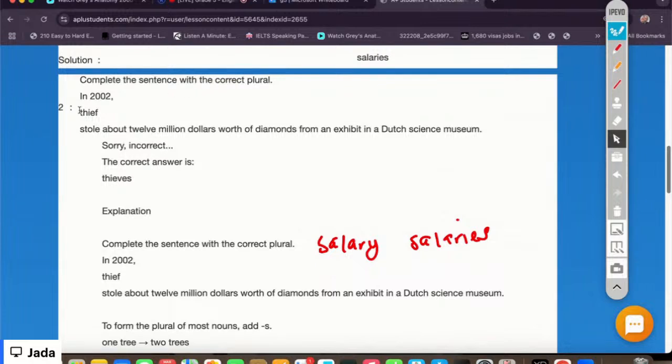All right, in 2002, thieves stole about $12 million worth of diamonds from an exhibit in a Dutch science museum. So, plural of thief.